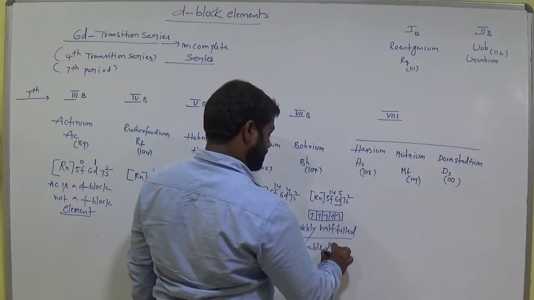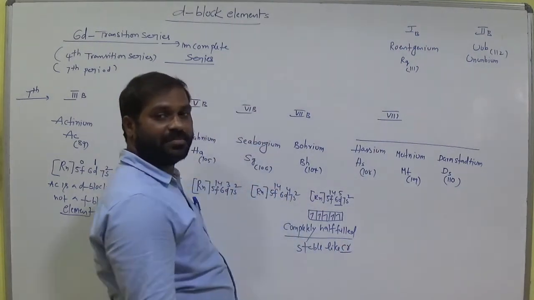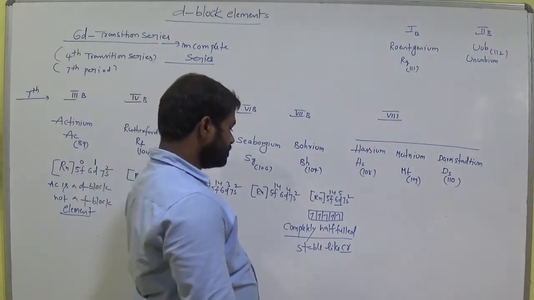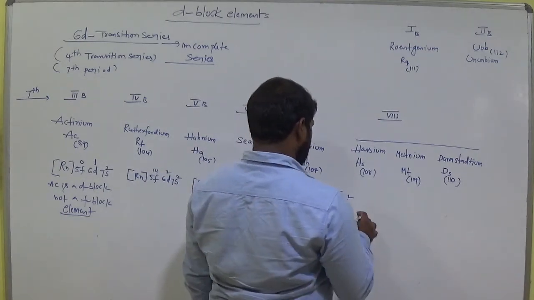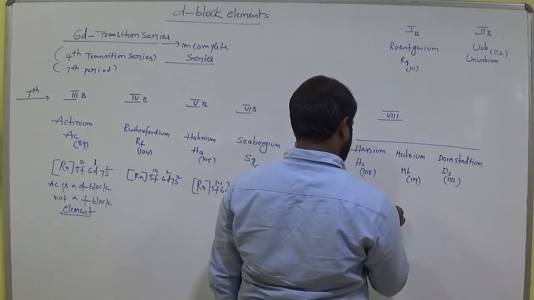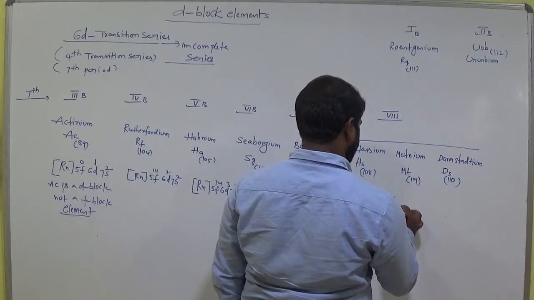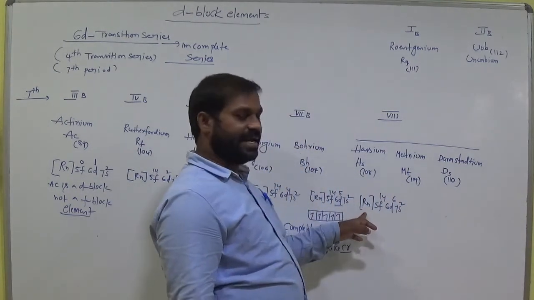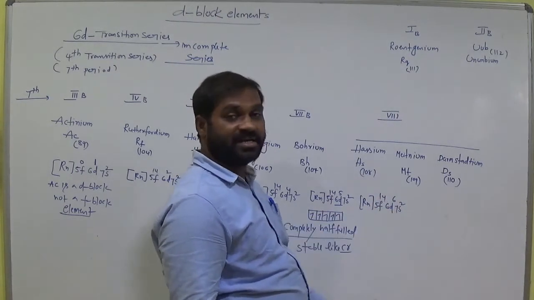Stable, like chromium in that group. Clear? And next come to Hassium, radon 5f14 6d6 7s2. Clear? 108 means radon 86 plus 4 is 90, plus 14 plus 4, 108.